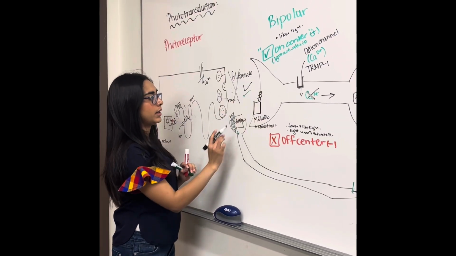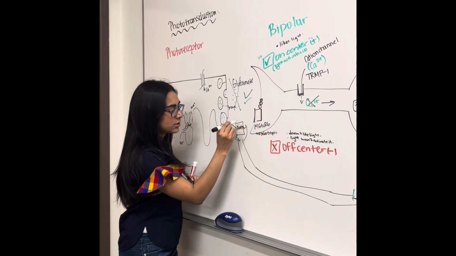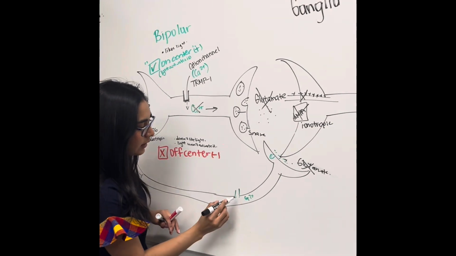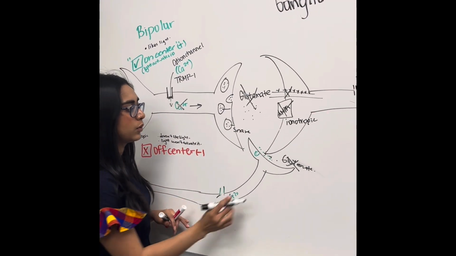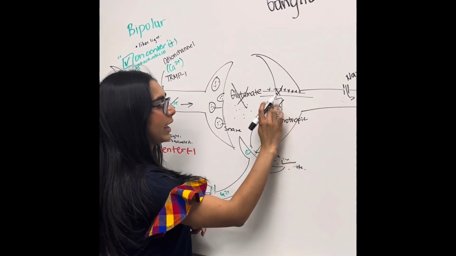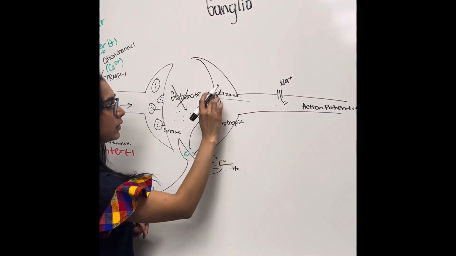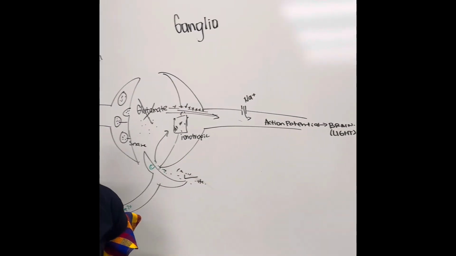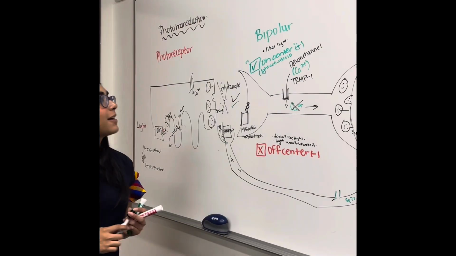We do have glutamate. That glutamate attaches to our AMPA. Our AMPA lets positive things in. That positive things in opens our calcium channels. We will send glutamate and we will bind to our AMPA, and now we will let things in. And because we let things in, we have an action potential, which will tell our brain there's light.